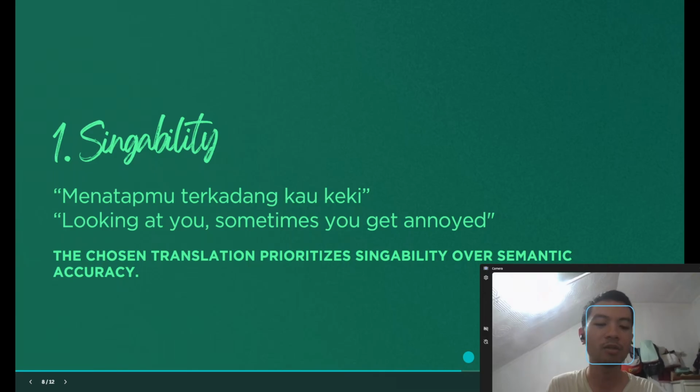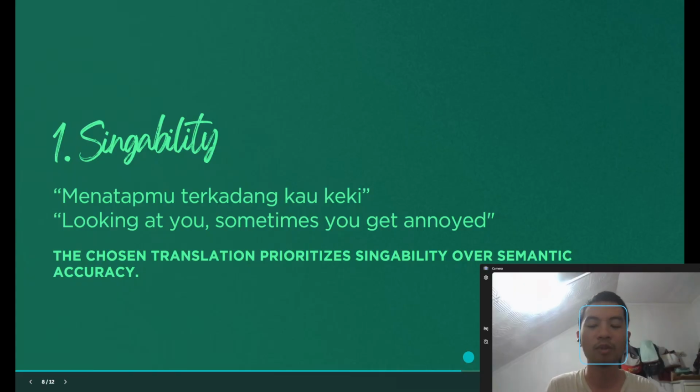I translate it to "looking at you sometimes you get different, like you hold me once again, I truly do not understand." The singability is still the same, but I sacrifice the meaning of it.